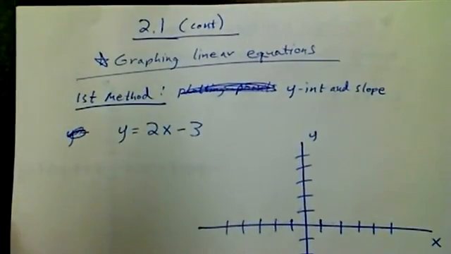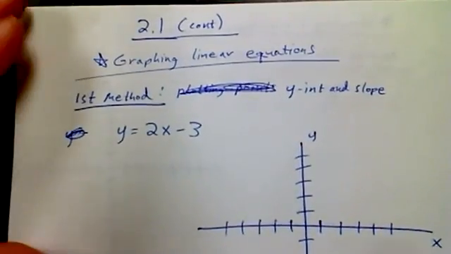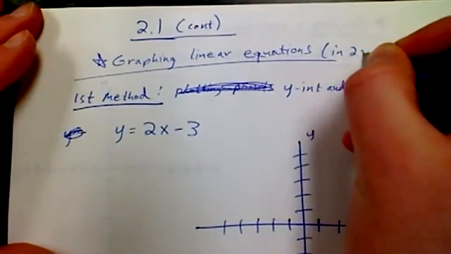The other thing I wanted to talk about in this section was right here. Graphing linear equations, which I'm quite sure you've seen before as well. But just as a quick reminder, now remember when we talk linear equations, that means x is to the first power. And these, of course, are in two variables.